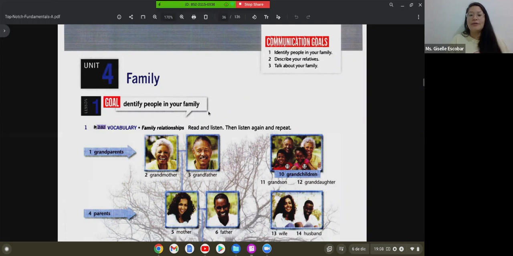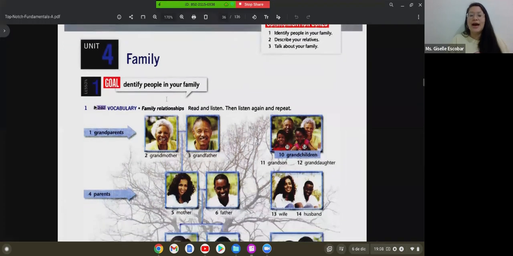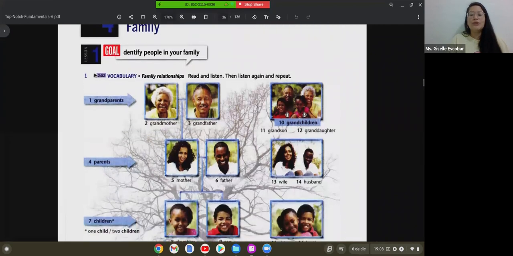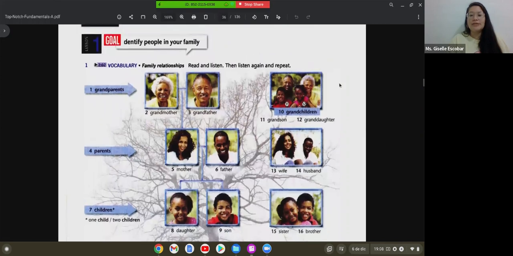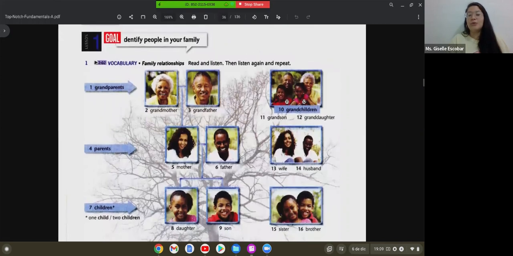So here we have the first lesson. Identify people in your family. So we are going to start with the first lesson of Unit 4. How many vocabulary words do we have? We have a lot of vocabulary today. Hay mucho vocabulario hoy.